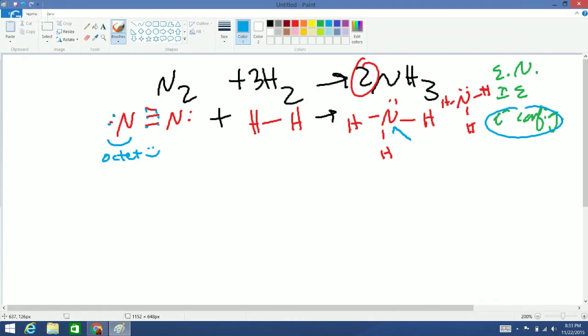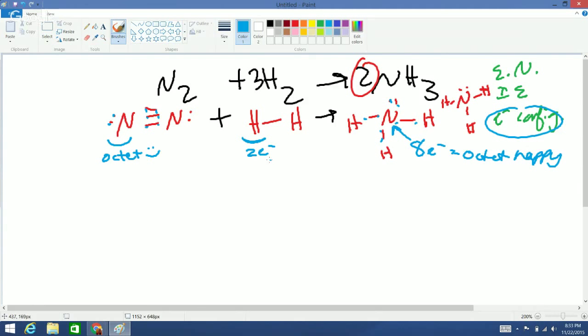If I go over here and look at this nitrogen, he has 8 electrons around him, so he is also octet happy. So to him, according to electron configuration, it really doesn't matter which way he goes. He's fine with it. If we take a look at hydrogen, he has 2 electrons, and for him, that's all he needs to be in order to be a noble gas, because then he's like helium.